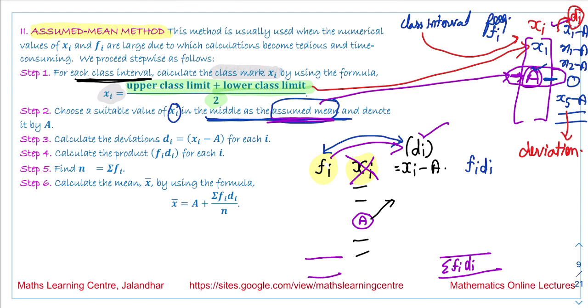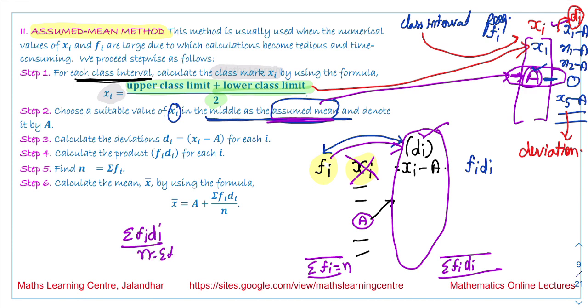and the sum of these fi is sigma fi, which is equal to the total number of terms n. Now the mean of this data, writing di in place of xi, is sigma fi di over n. This n is basically sigma fi, and we know that if we reduce each of the values of xi by a, then the mean is also reduced by a.